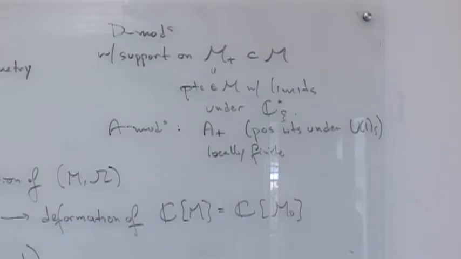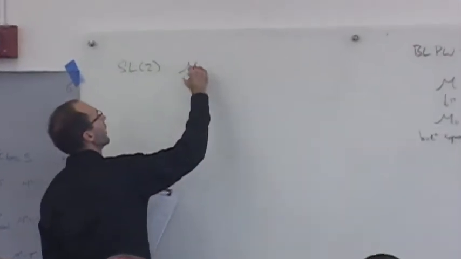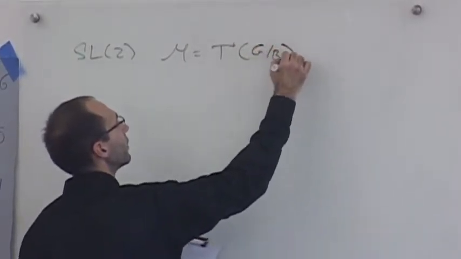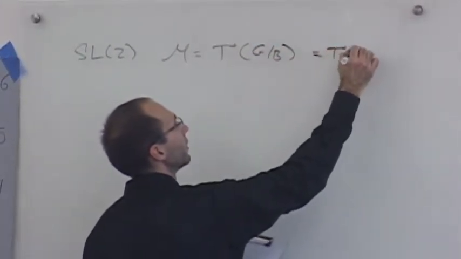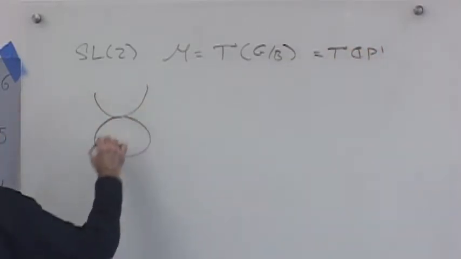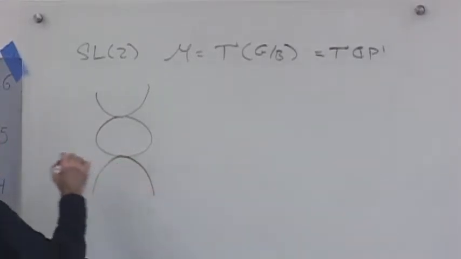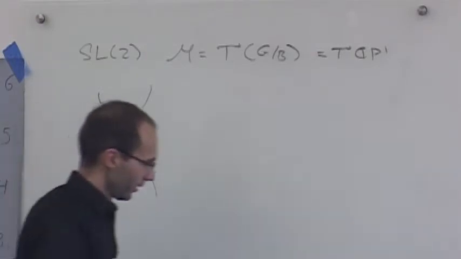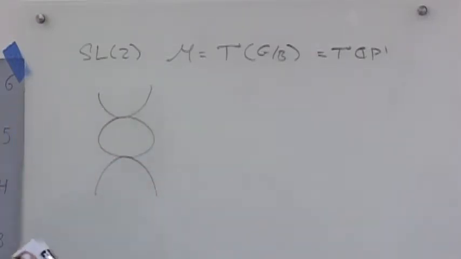And here's the picture. So for SL2, M is T star flag. So it's T star of CP1. And we want to draw a slice of it that's invariant under this Xi action.